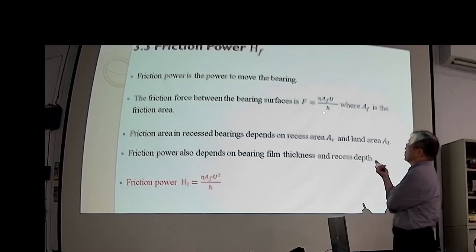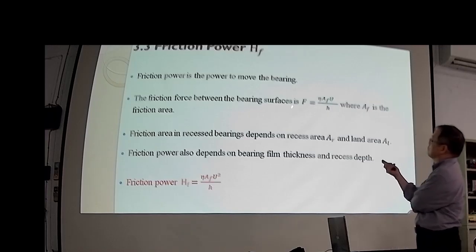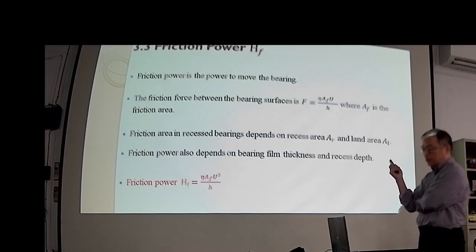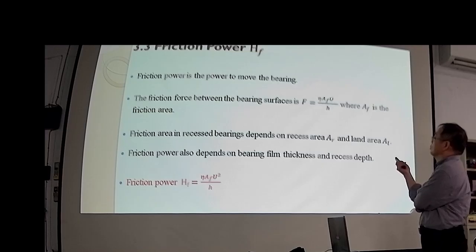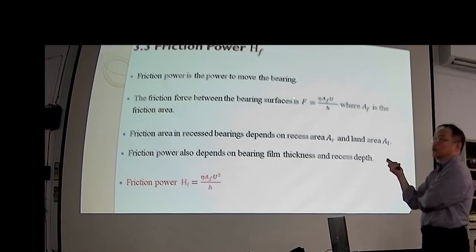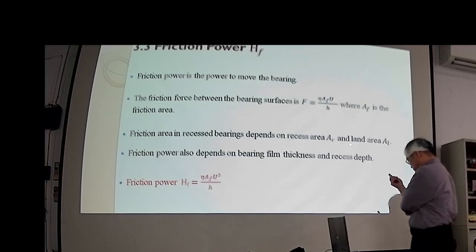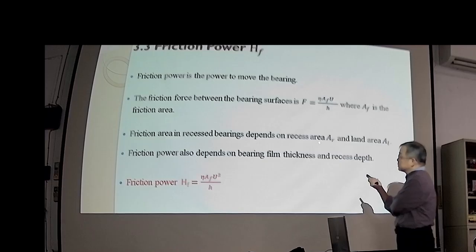This is the equation for the friction force for the bearing surface. Eta is the viscosity of the lubricant, A is the friction area of the bearing, U is the velocity of the moving speed of your hydrostatic bearing, and h is the film thickness.